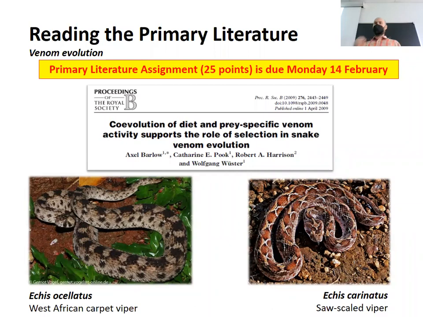So I want to introduce to you this semester. You're going to have 3 primary literature assignments, and the idea of these assignments is that you're going to read manuscripts in the scientific literature, and you're going to understand and evaluate them. We're going to do this 3 times this semester.